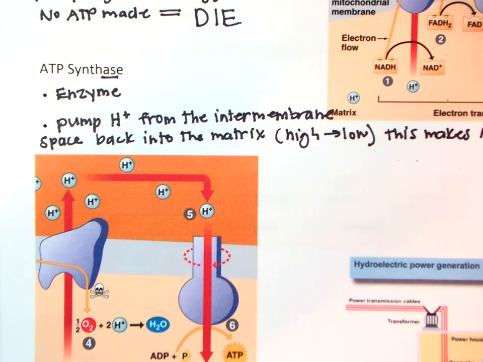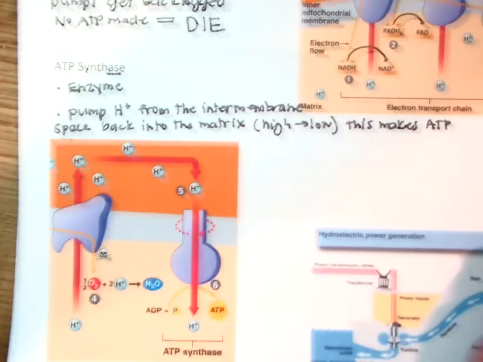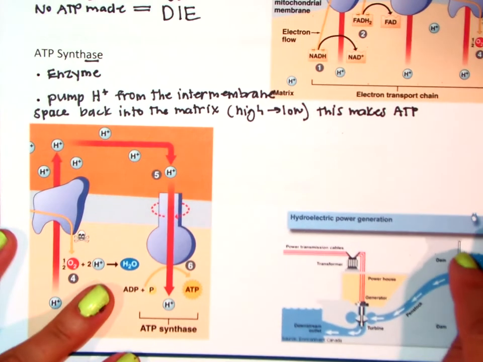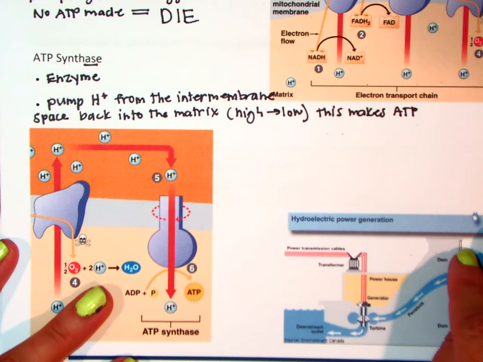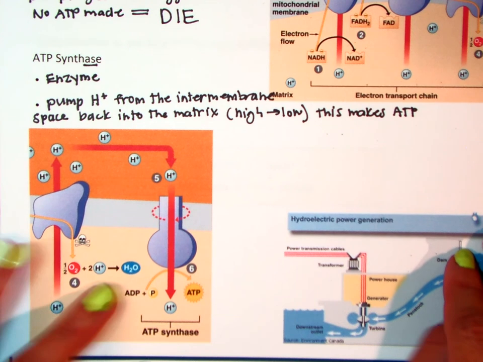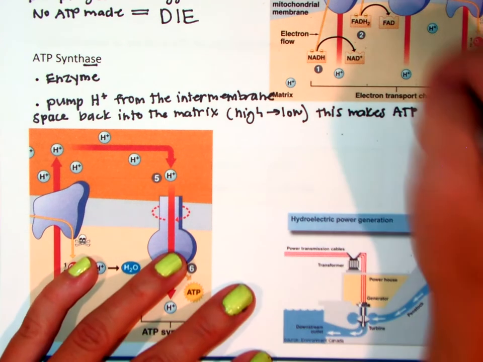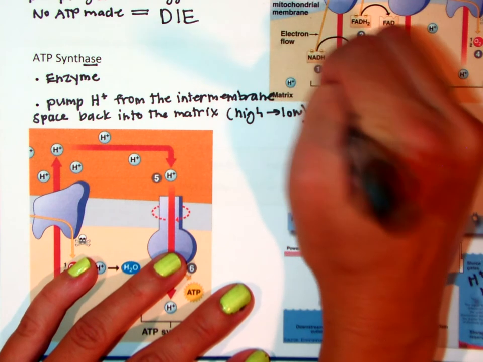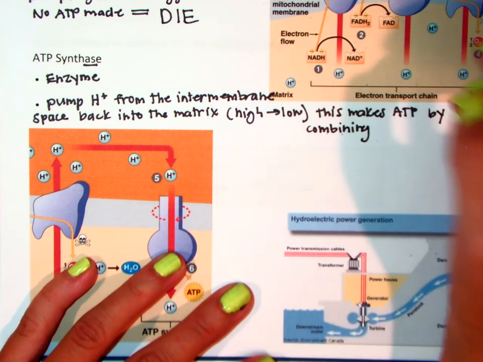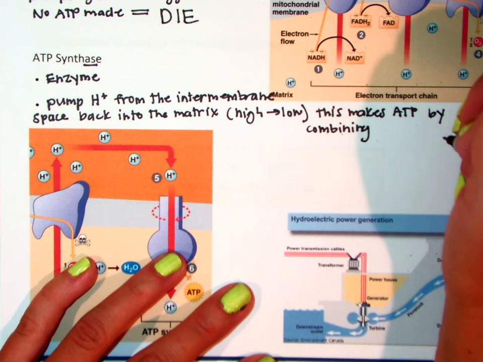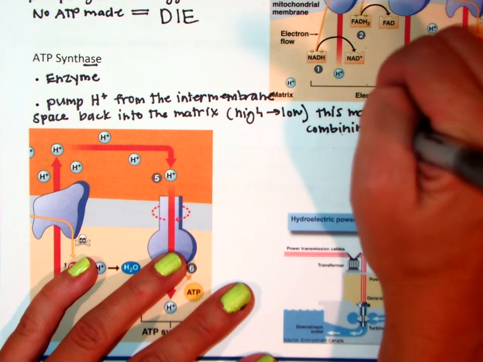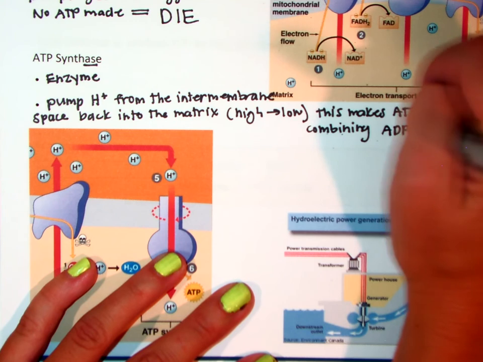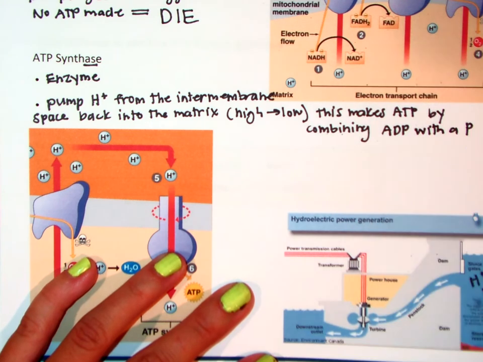Remember, it's an enzyme. So it's going to take the substrates, ADP and a phosphate, and squeeze them together to make ATP. So this makes ATP by combining ADP with a phosphate.